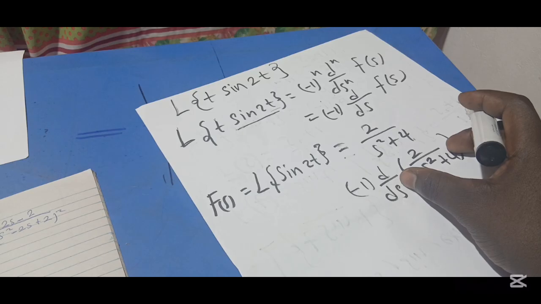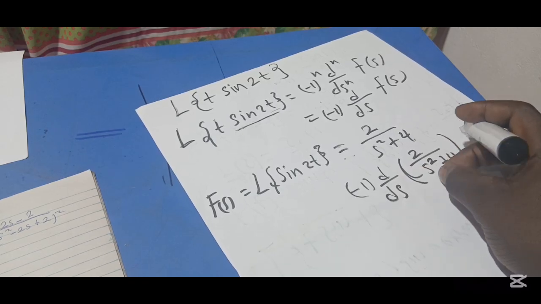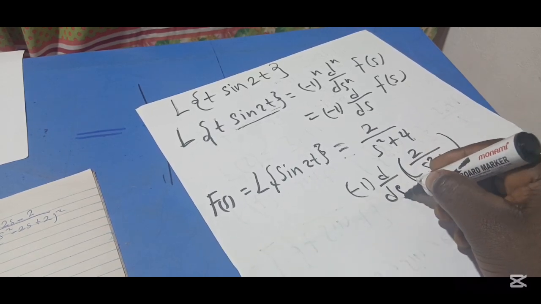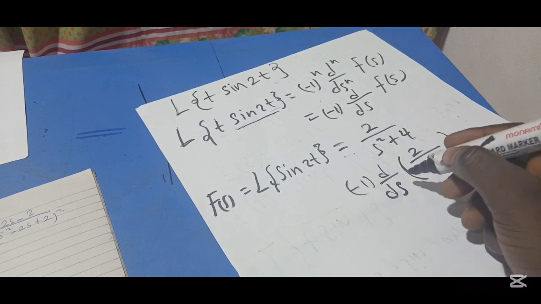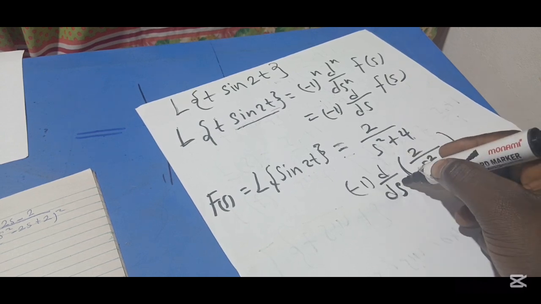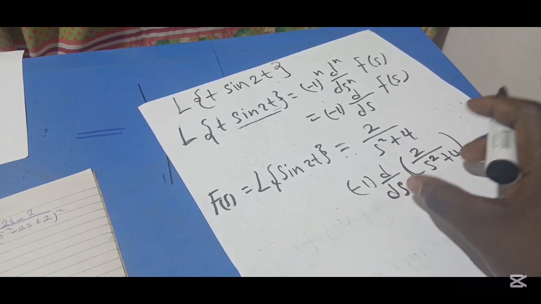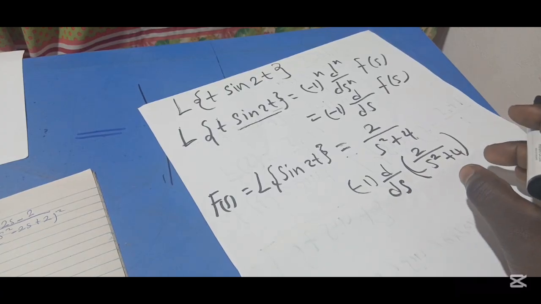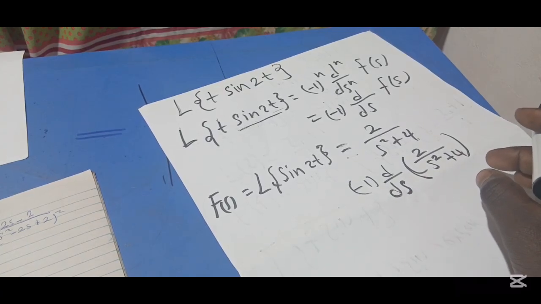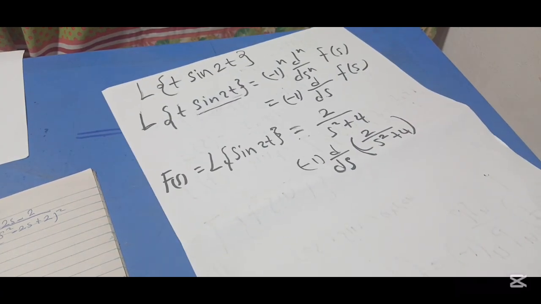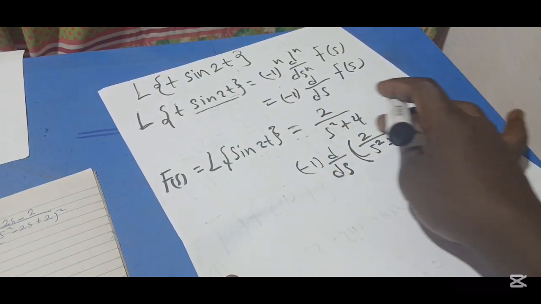We are going to find the first derivative of this, since we have d to the power 1. If it were d to the power 5, s to the power 5, then we would have to differentiate the whole thing 5 times, and I'll cover that in my next video.